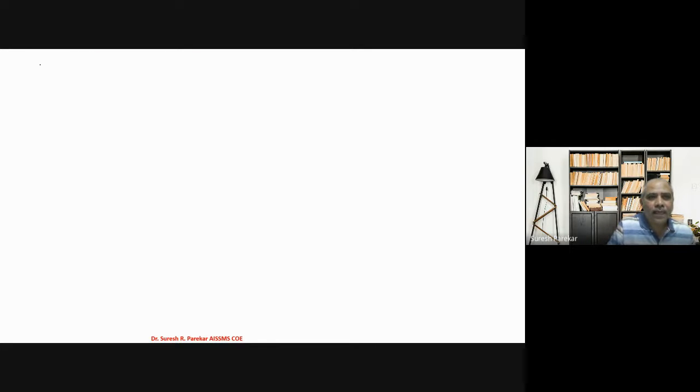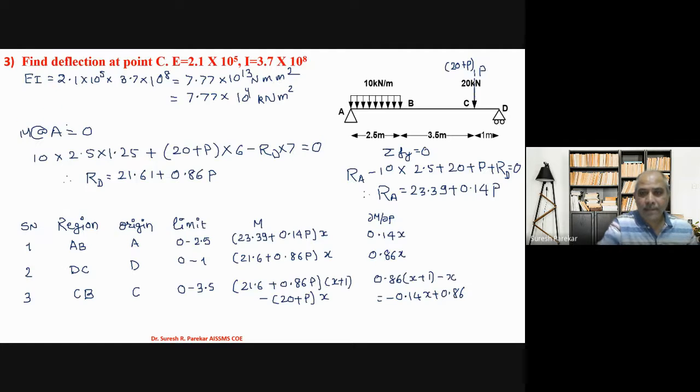And then if we take the integration 0 to L of M into dM by dP dx upon EI, we are going to get these values. First 0 to 2.5 into 23.39, which we are taking first, and in this we put P0, so in all we have to put P0.